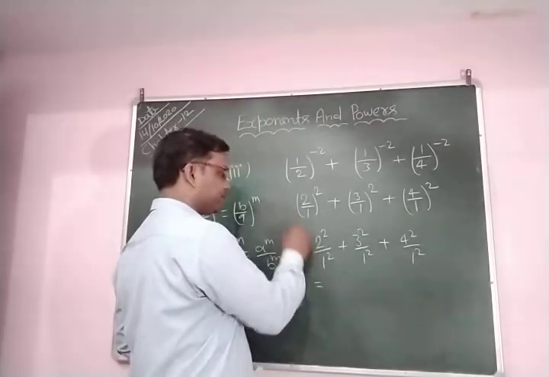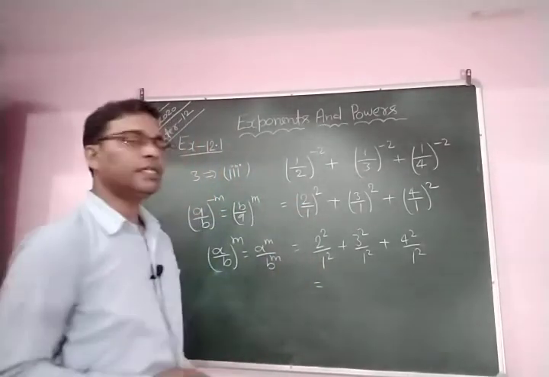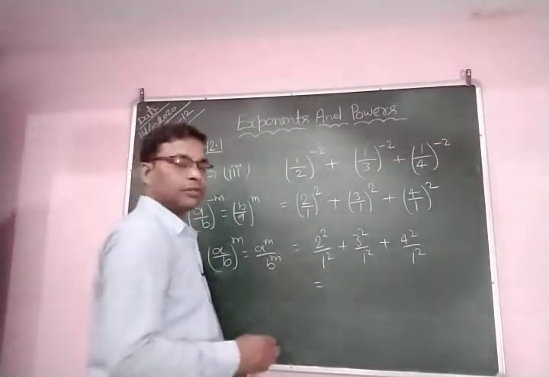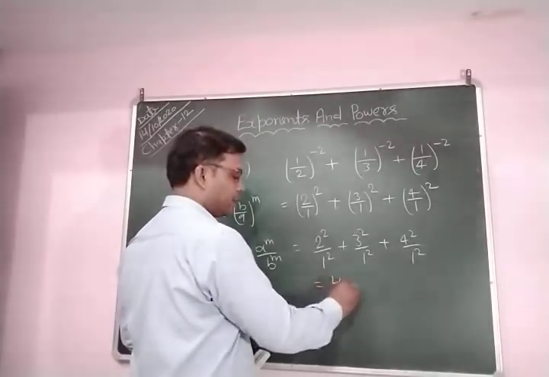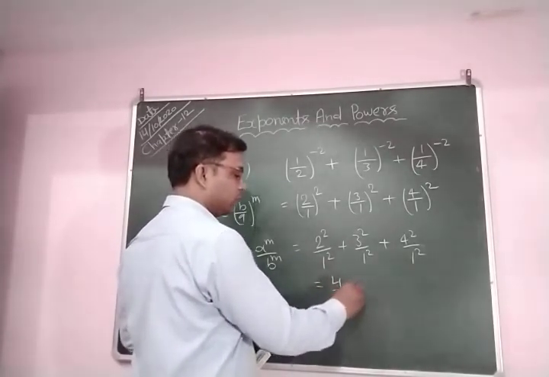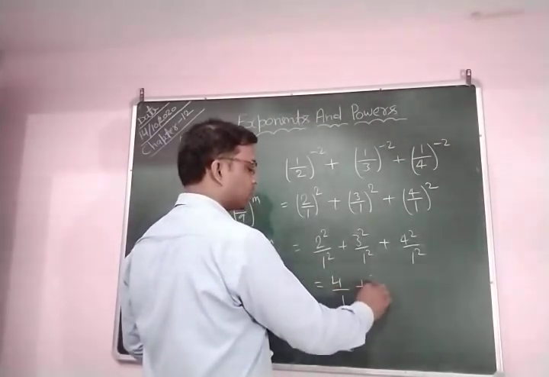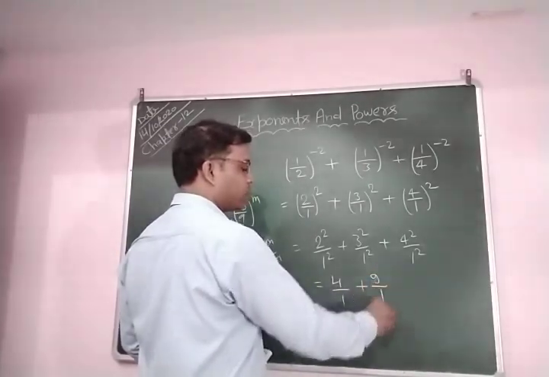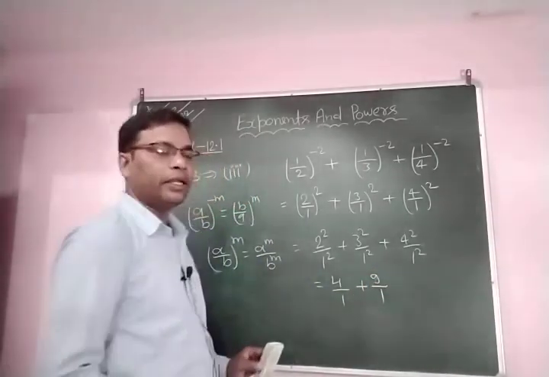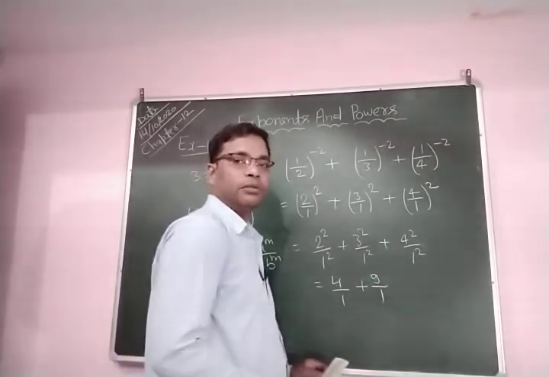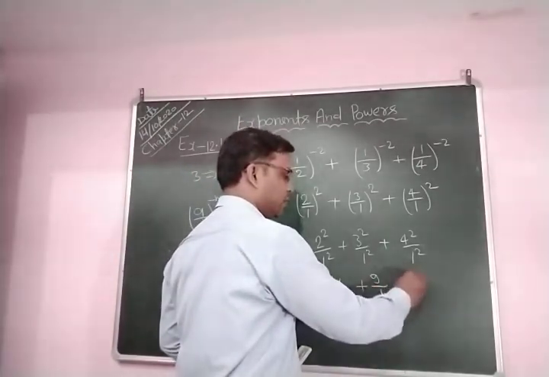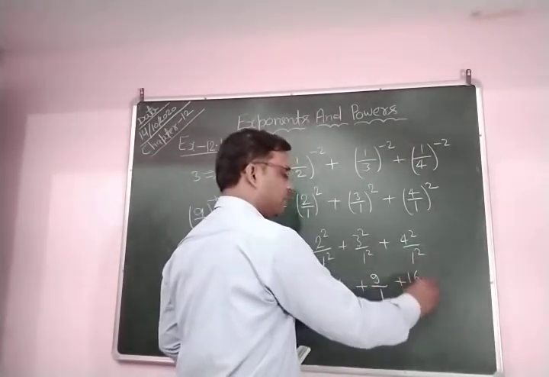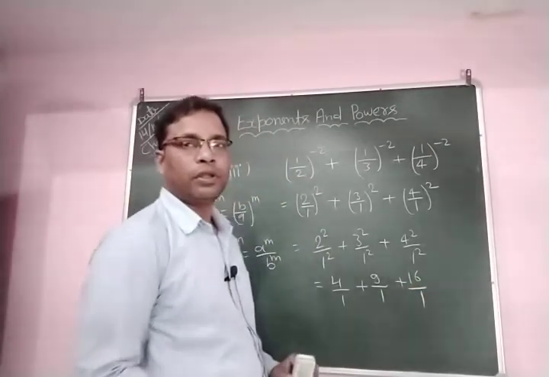So clear? So 2 power 2 becomes 4, 1 power 2 becomes 1, plus 3 power 2 becomes 9, 1 power 2 becomes 1, and 4 power 2 becomes 16, and 1 power 2 becomes 1.